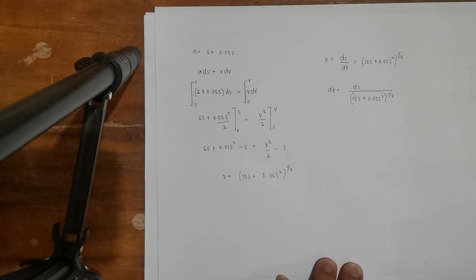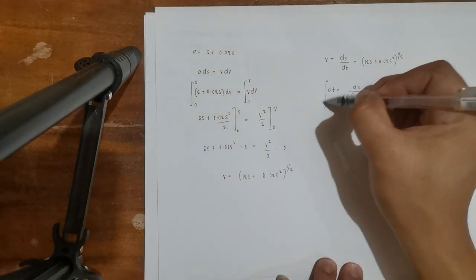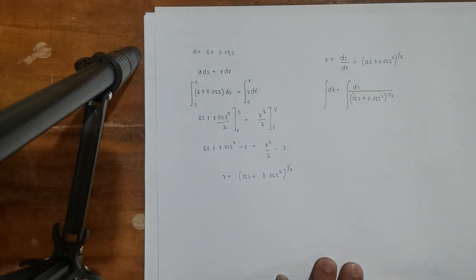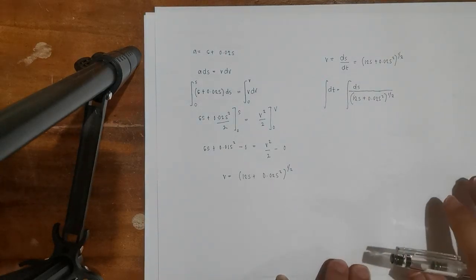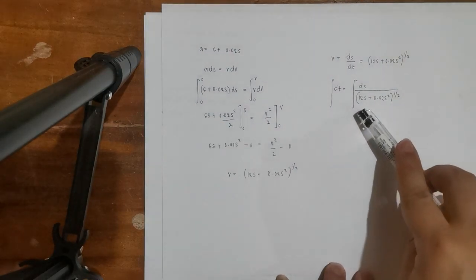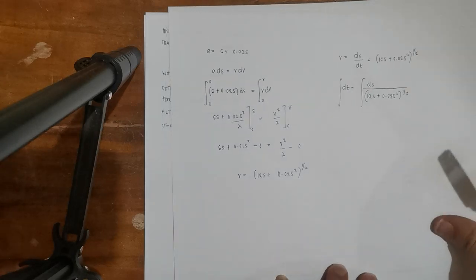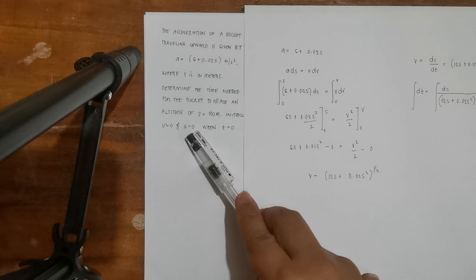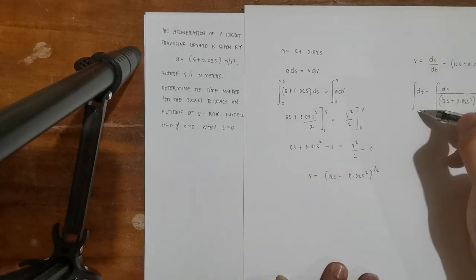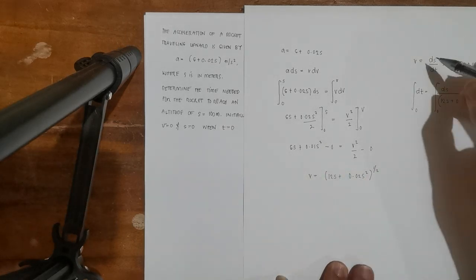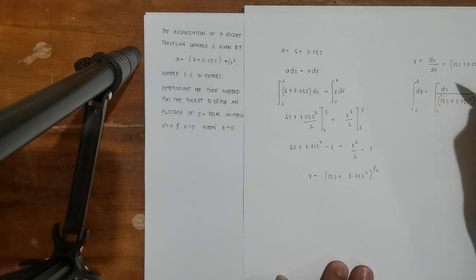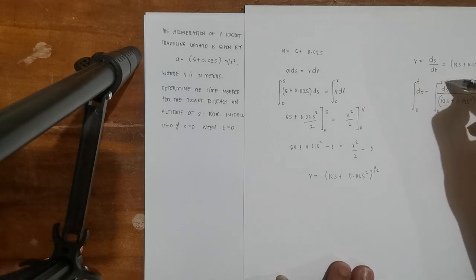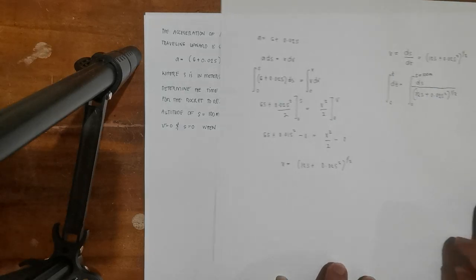So integrating both sides of the equation, so let's include the limits. For the lower limit, sabi dun sa problem, initially displacement is 0 and the time is 0. And then what will be the time when the altitude is equivalent to 100 meters?